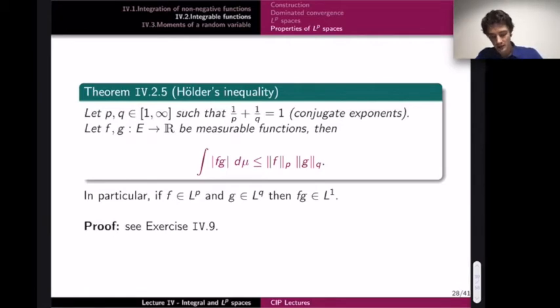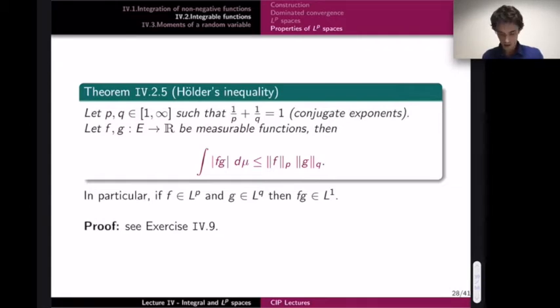In particular, if this is finite and this is finite, this implies that fg is integrable. Another consequence is the inclusion of LP spaces when the measure is finite.